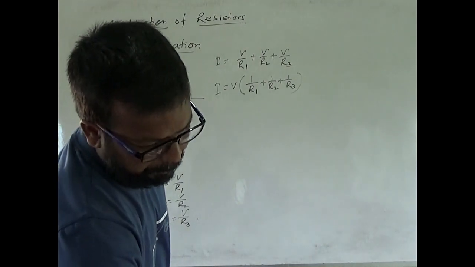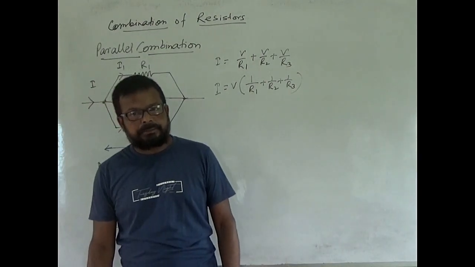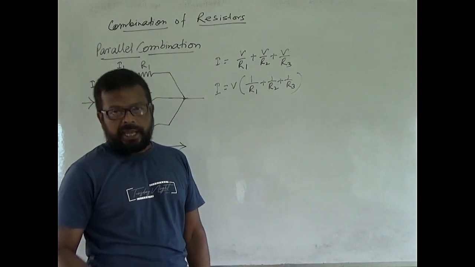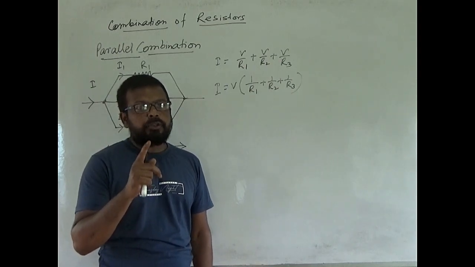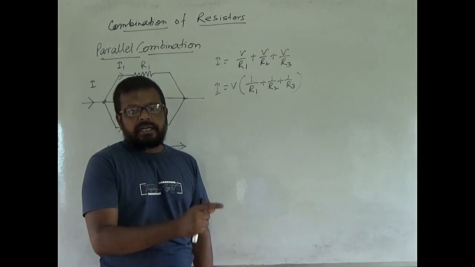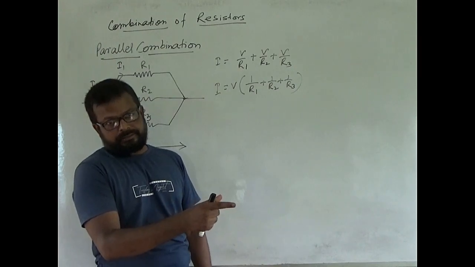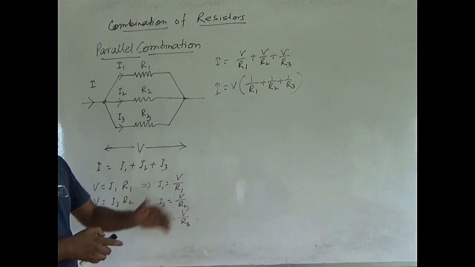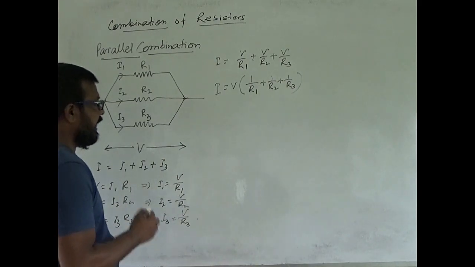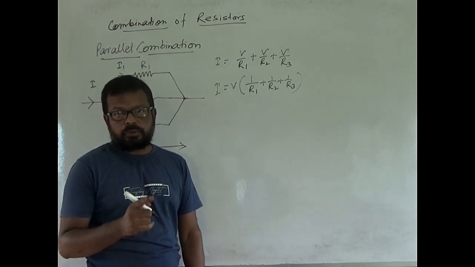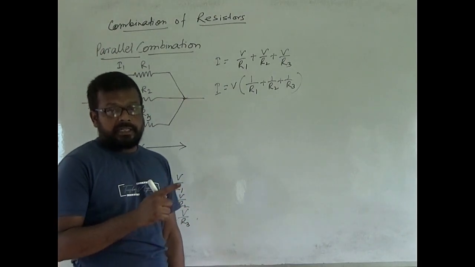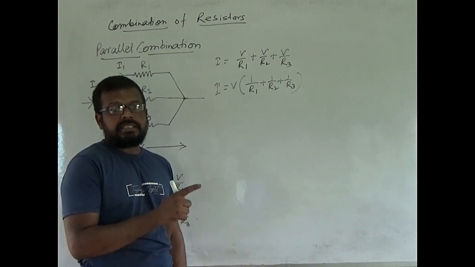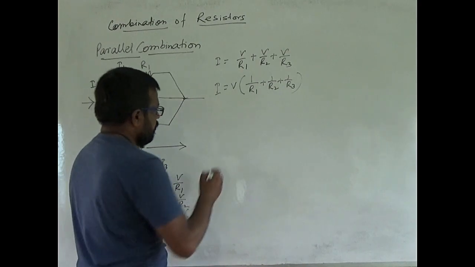Now, if we replace the combination of resistances by a single resistor of resistance Rp, and V potential difference is applied across it, and the same current I as through the combination flows through the single resistance, then that Rp is called the equivalent resistance of the parallel combination of resistances R1, R2 and R3.